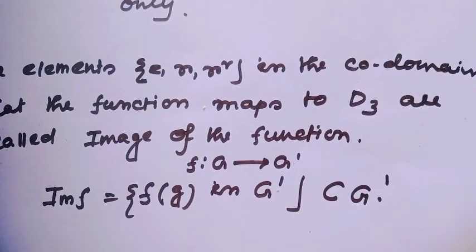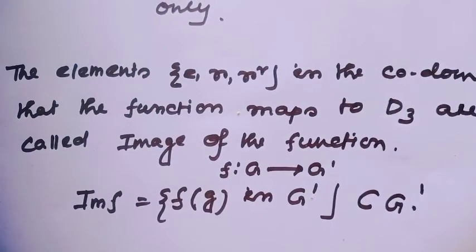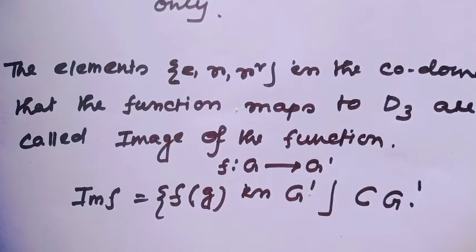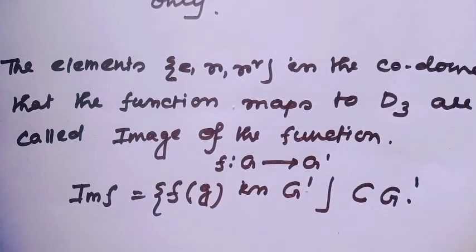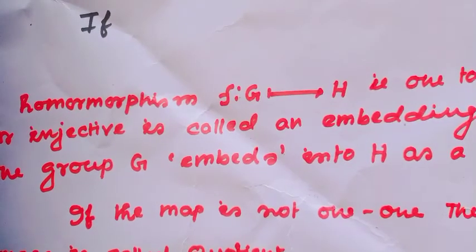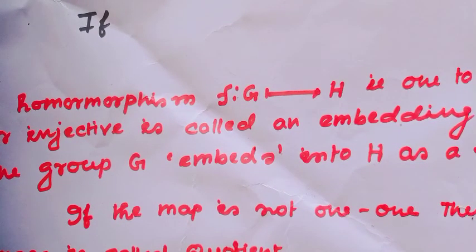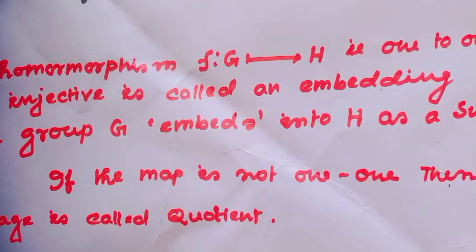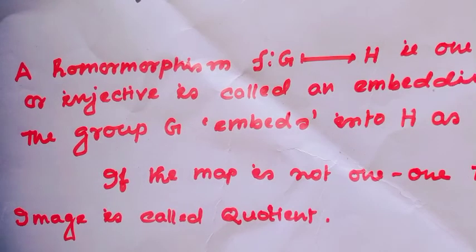That means if there exists a homomorphism f from G to G prime, then image of f equals f of G in G prime, which is a subset of G prime. Okay, this is the image of the function. Let's see a nice property of homomorphism. If a homomorphism is one-one or injective, then it is called an embedding, and the group G embeds into H as a subgroup. And if the map is not one-one, then the image is called a quotient.